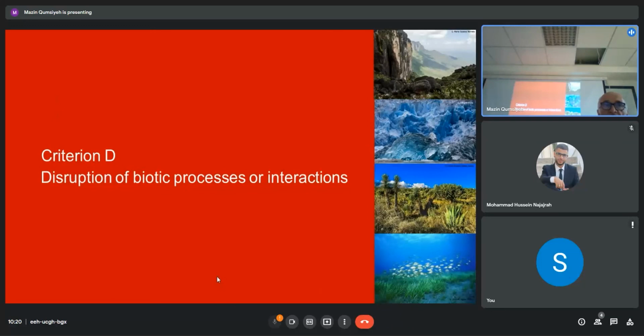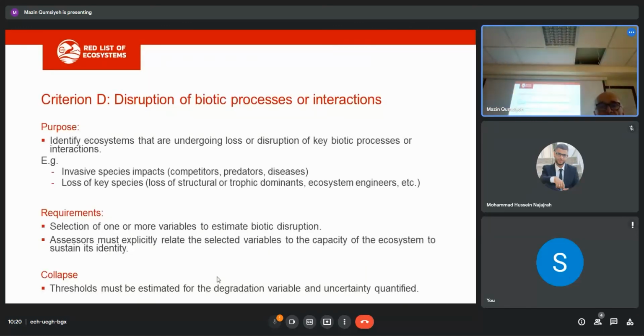Criterion D is a bit more complicated to apply. It very often needs a good knowledge of the functioning of the ecosystem. It's a description of biotic processes or interactions.